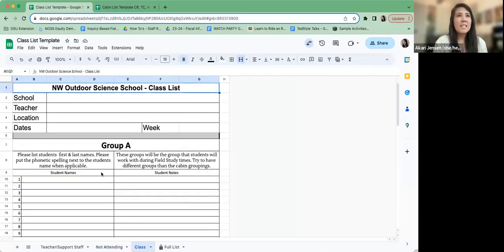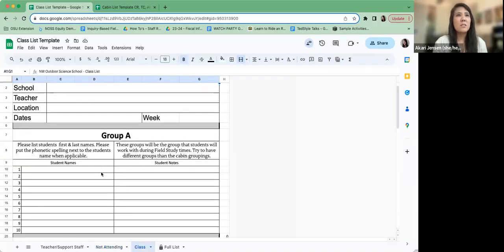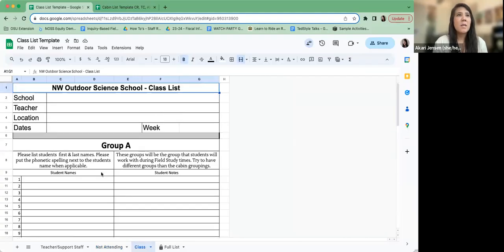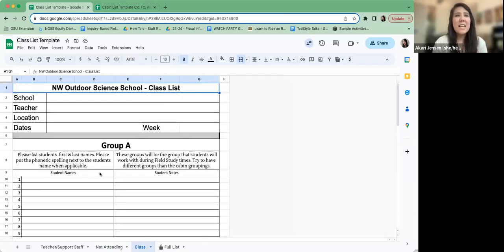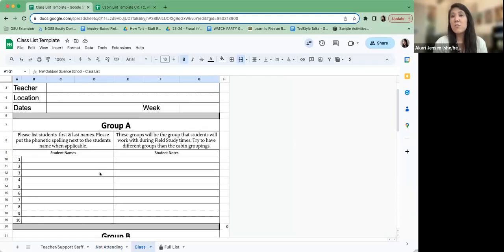Then the class list. Now, the class list is going to look a little different. Instead of listing all of your students just in a list, that will happen automatically for you. We're instead asking that you group students into field study groups.